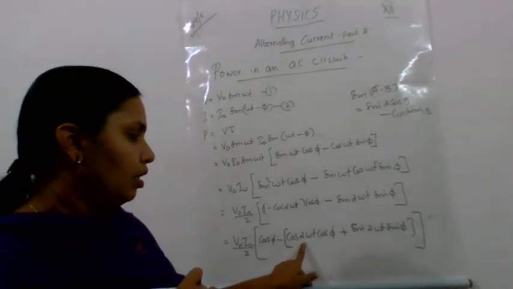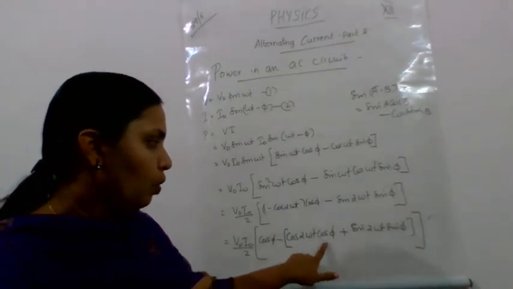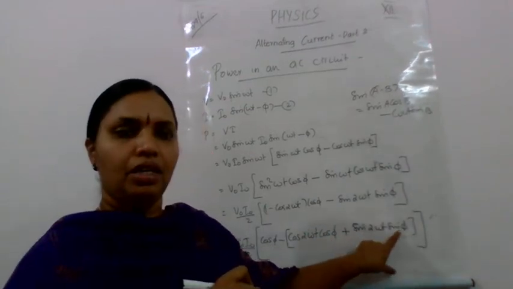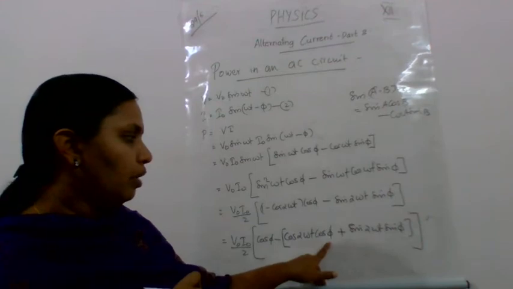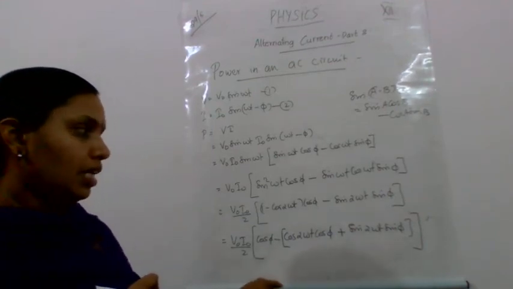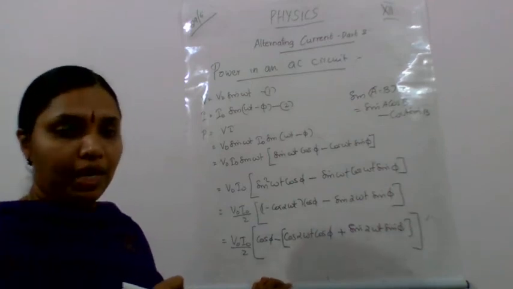So we have cos A cos B plus sin A sin B, which is cos(A minus B).